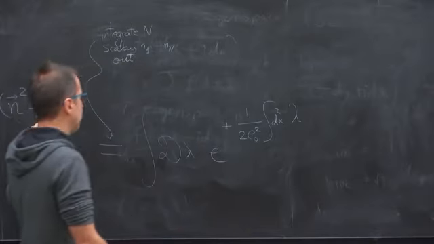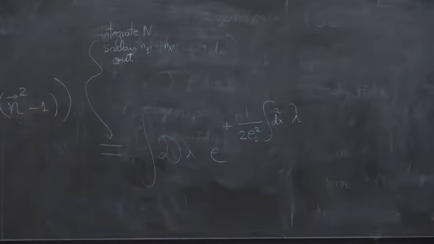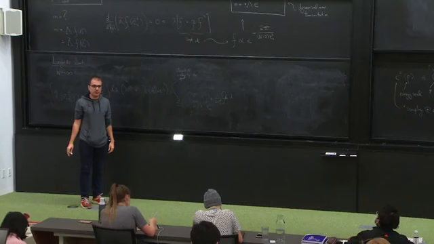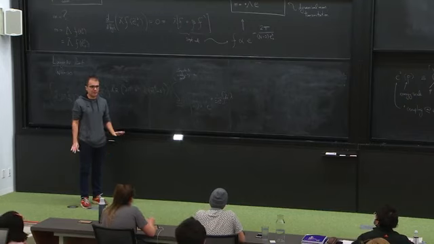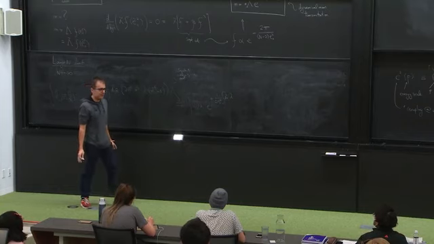So this part stayed the same, just for this lambda here. But then we integrated out n, and when you integrate out a Gaussian, you get a determinant, more precisely the square root of the determinant.